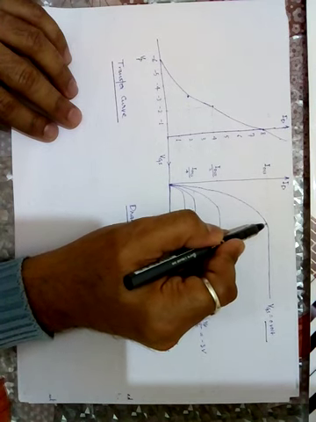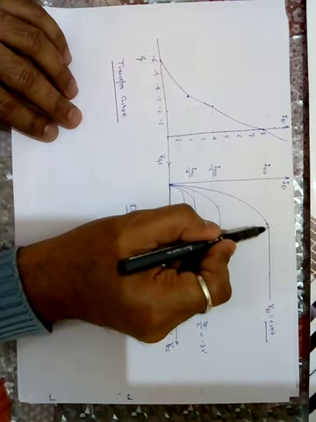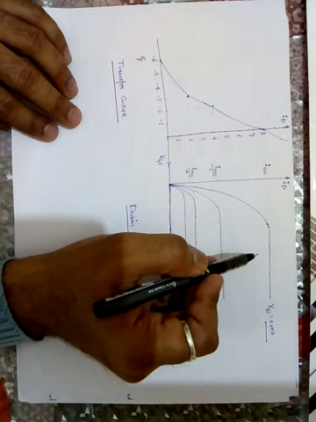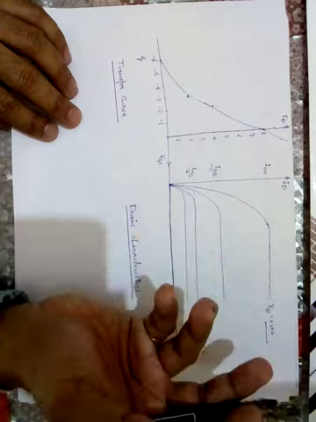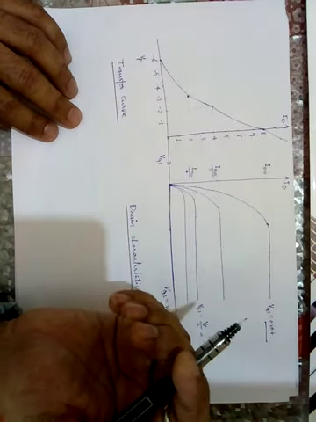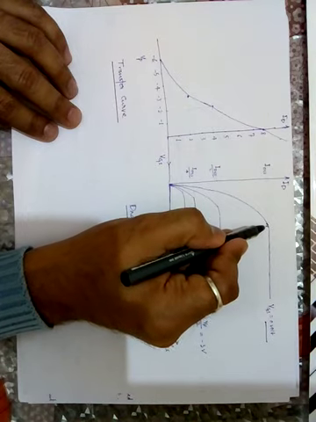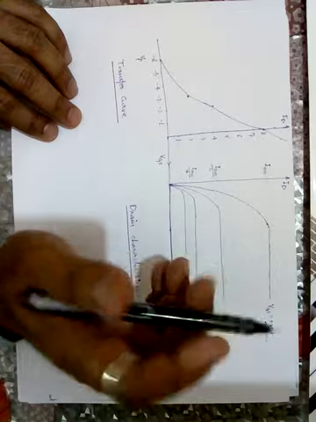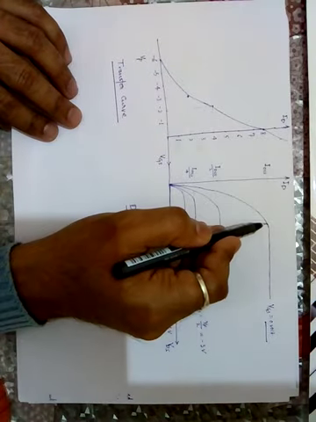After this particular voltage, current is constant. What does constant current mean? Resistance is delta V upon delta I. If delta I is 0, then resistance tends towards infinity. So after this particular point, resistance will behave as infinite. I am explaining because you must know why this situation occurs.